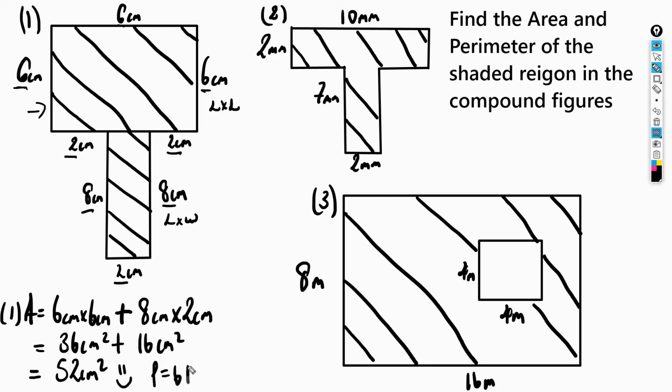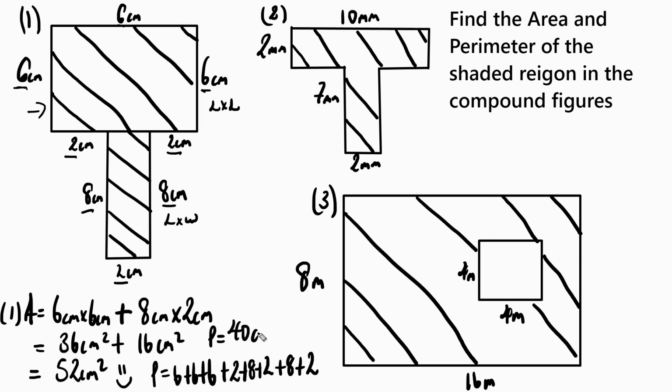We're going to get 6 plus 6 plus 6 plus 2 plus 8 plus 2 plus 8 plus 2, and that should be equal to the perimeter. So when we add that all up, and all of this would be in centimeters, guys, we're going to end up getting the perimeter is equal to 40 centimeters.